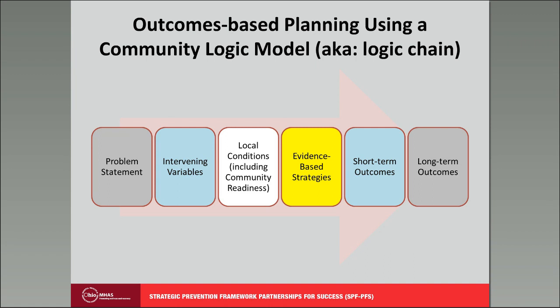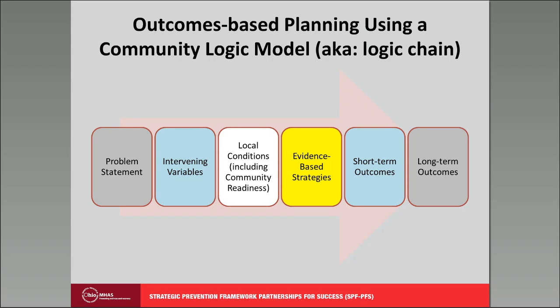The beauty of outcomes-based planning is that the evaluation is built right in. Let's take a look. The problem statement, which is based upon data, becomes your community's long-term outcomes. You can see those as bookends on our logic chain. So if we want to decrease prescription drug misuse among young people or reduce underage drinking, that then becomes our long-term outcome. But we know that we can't wave a magic wand and we can't fix either problem without knowing what's causing it. So we dig one step deeper.